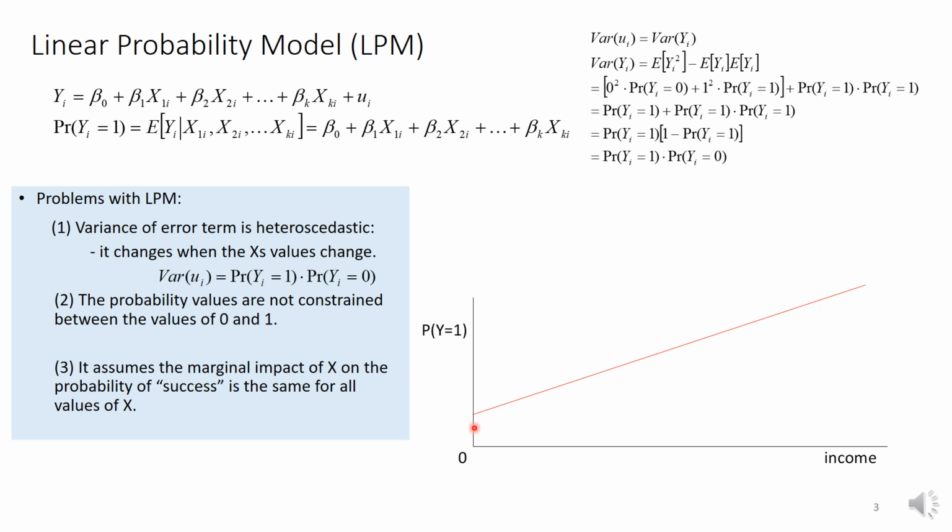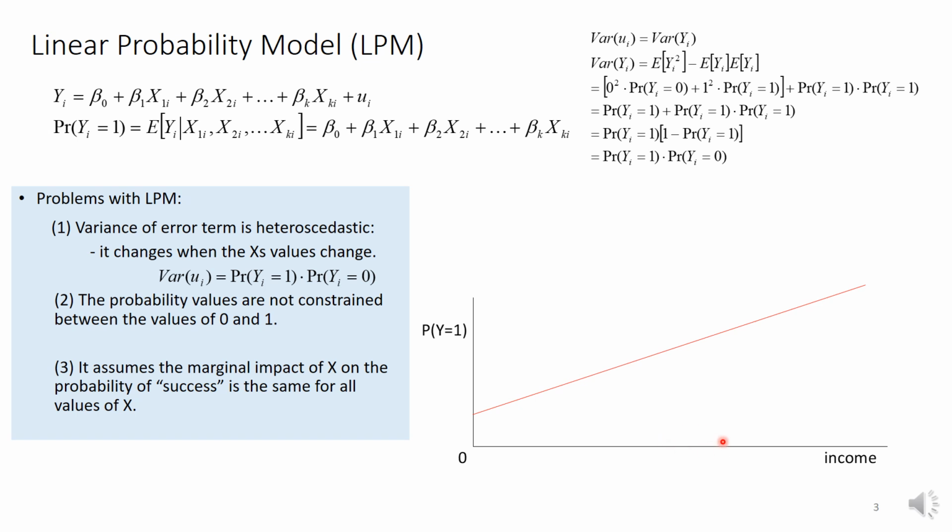So it is assumed to be like this. In other words, the increment in the probability of purchasing a house is the same for any level of income, which is quite unrealistic, because when you have very low income, the increment in the probability of purchasing a house is very, very insignificant.